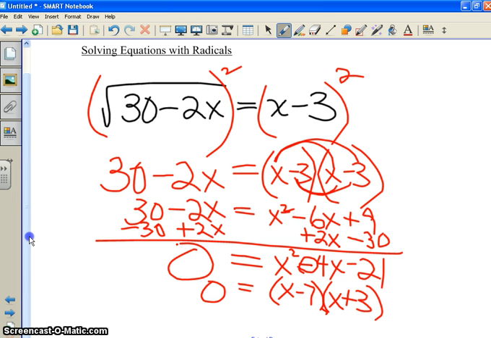And Mr. Squiggly comes along and says our two possible answers are positive 7, negative 3. And when you plug both of those back into the original equation to check the 7 works, you'll get a 4 on both sides of the equal sign. However, the negative 3 does not check out. That's an extraneous answer that gets rejected. So x equals 7 is the only answer.